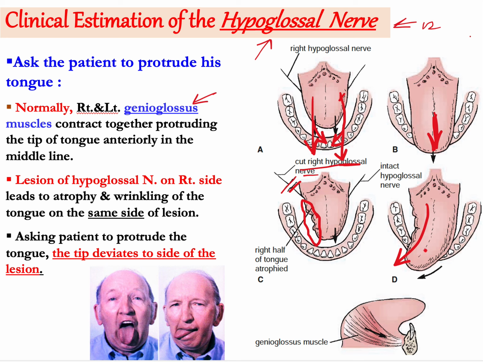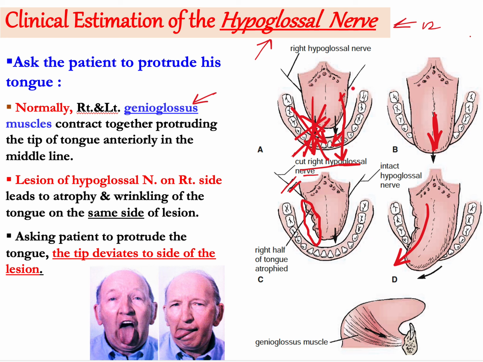Why? Simply, guys, if you think about it, back again here, the right side is not working, right? Because we have an injury, for example, to the right hypoglossal nerve.